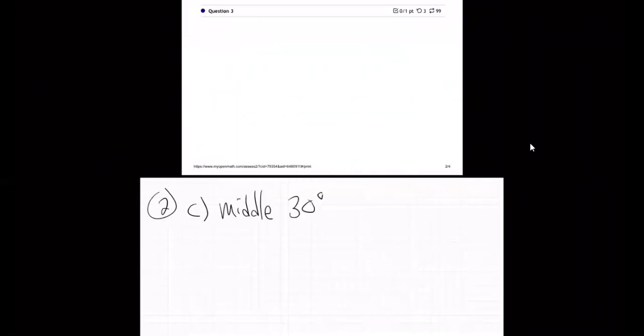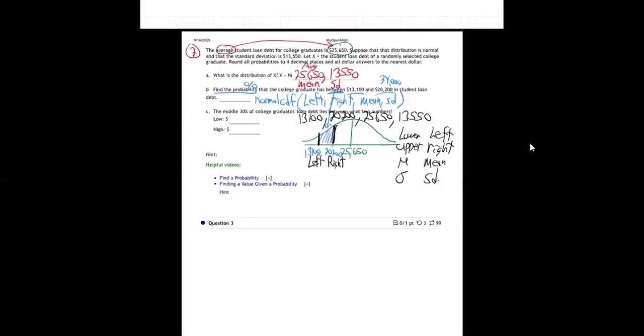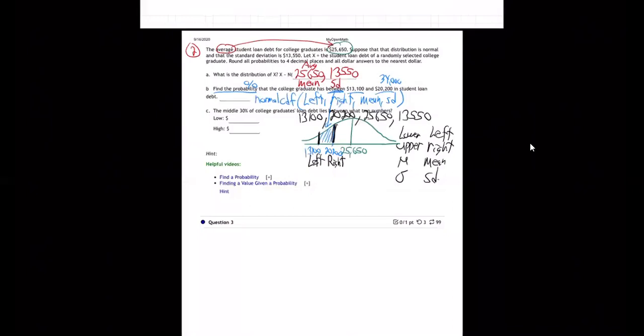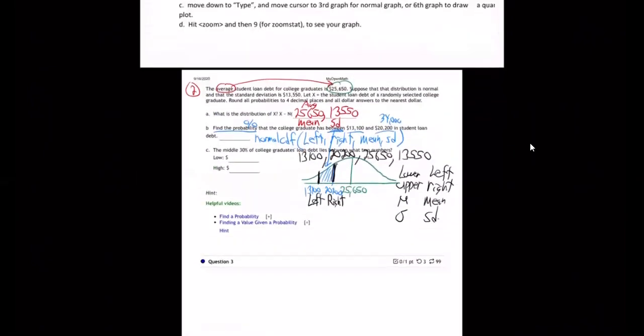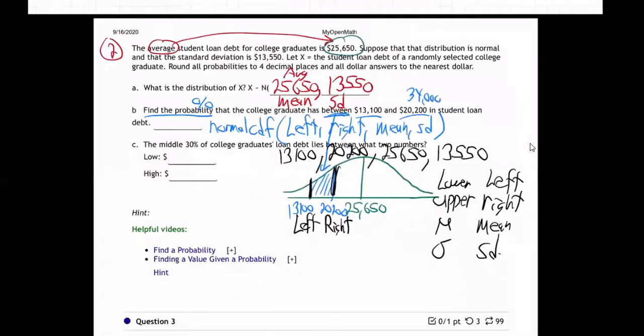Middle 30%. Between what two numbers? Okay, and again, what's my mean?